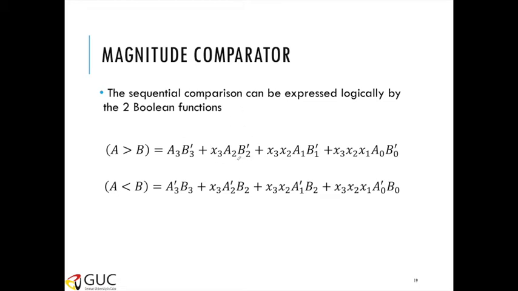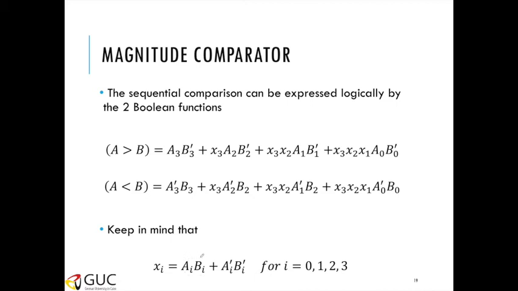Now, comparing the second pair of most significant bits, which is A2 and B2, this is understandable here, but we have this extra literal. It says x3. Keep in mind that x3, or all the xi's, were basically the XNORing operation of Ai and Bi, right? So when I read x3 here, this actually means that I'm XNORing A3 and B3.